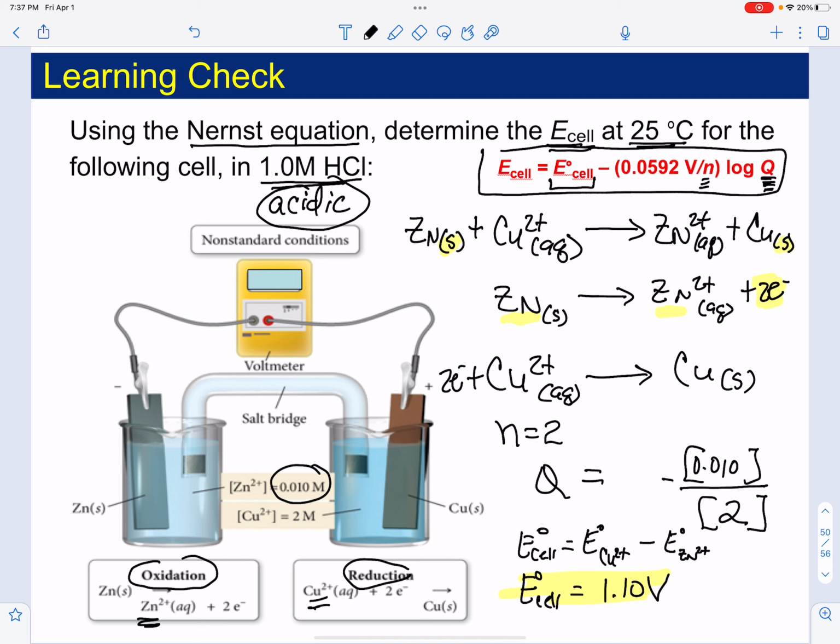Which means my Q is going to be 0.010 divided by 2, 0.005. Remember, the Q has no units, right? It's like the equilibrium constant. So I have my E standard, I have my Q, and I have my N. So let's solve this problem.